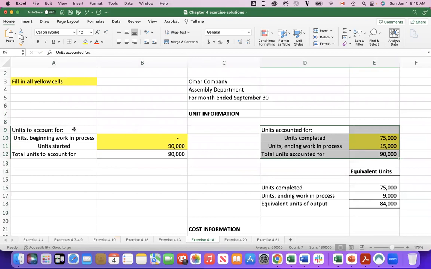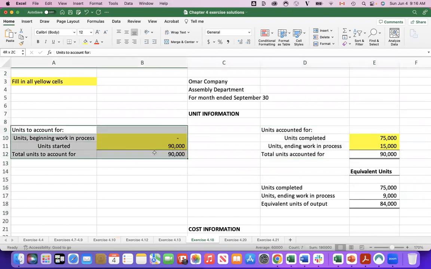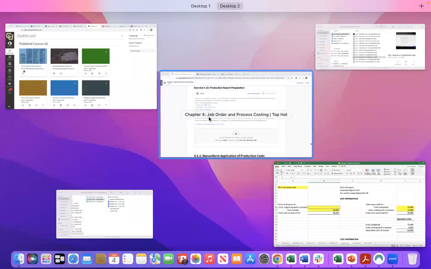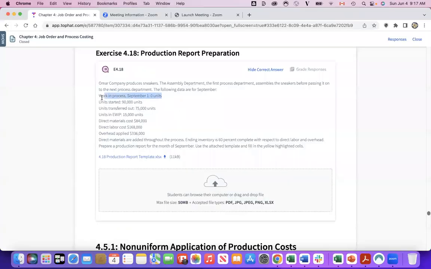So starting on the left-hand side here, we're trying to figure out how many units do we have to account for. And how we check that is units beginning in work in process plus units started gets us the units to account for. So units that were in beginning work in process, if you go back to the question, there was nothing. There were 0 units.